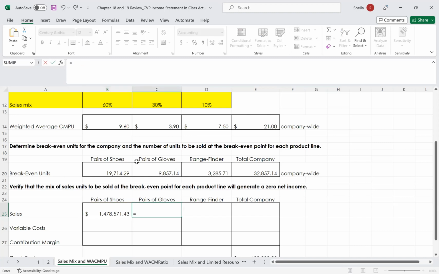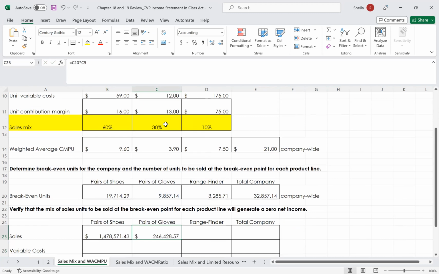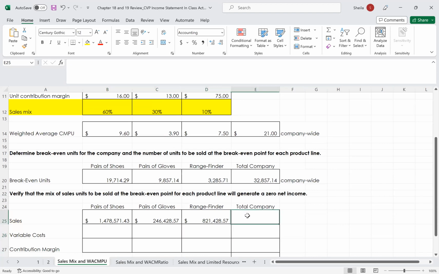For pairs of gloves, I take my gloves times my selling price of $25, and I get my sales dollars for break even, and then my rangefinder break-even units times my selling price. I can now sum these up, and I've got total company sales needed to break even.